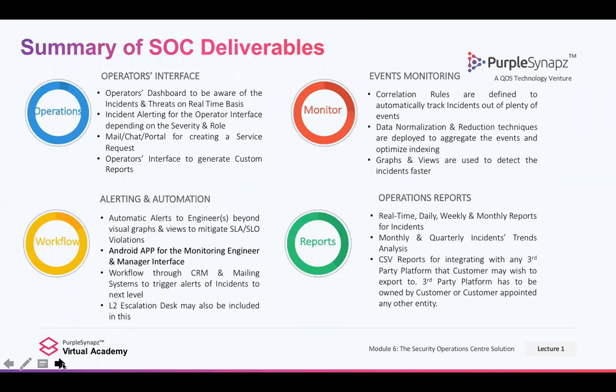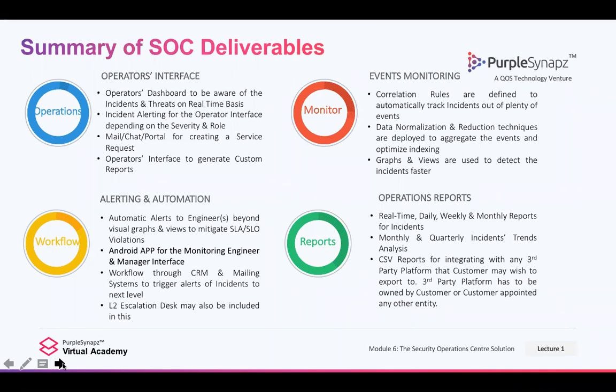And last but not the least, there have to be weekly, monthly and daily reports which are discussed to understand how many false positives were reported, how you are reducing them, and how you are fine-tuning your correlation tools. You also have some third-party tools with whom you can share your SIEM data over CSV, and they will give you a better understanding of how the operations went.